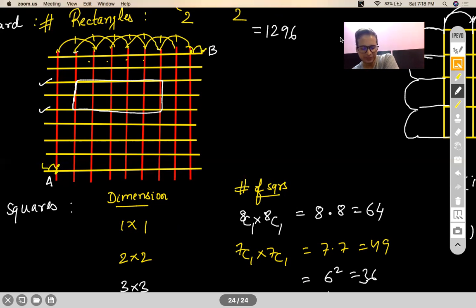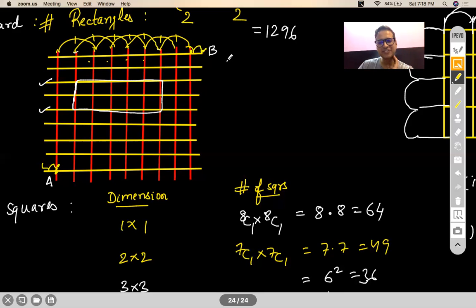Absolutely correct, Aditya. Good. Aditya has got it. Okay. This is not a difficult question. If you think very clearly, with a calm mind, you will understand that ultimately to reach from A to B, he has to move 8 units right and 8 units up. Correct.